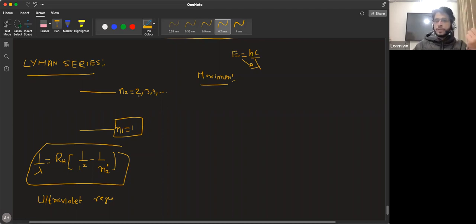The minimum energy difference will be the transition from 2 to 1, because after 1, the nearest is 2. So if you put n2 equal to 2, then the energy difference is minimum but the wavelength will be maximum. You can write this as 1 by lambda max is RH, 1 by 1 square minus 1 by 2 square.